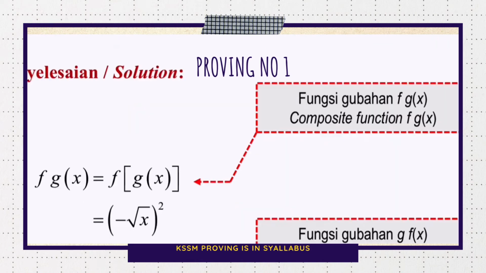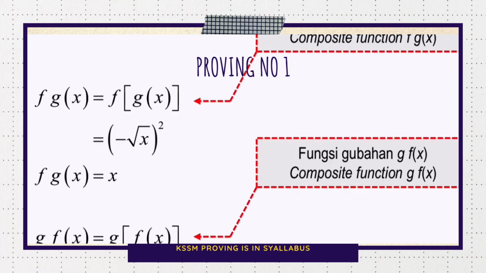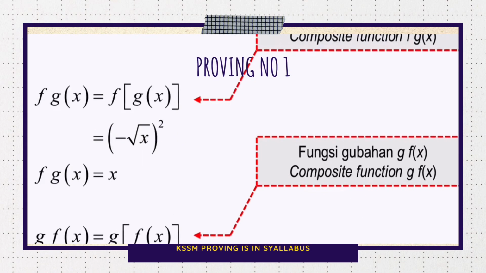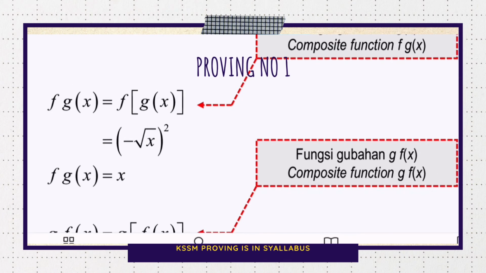So, solution. First of all, we have to start with the fg(x) is equal to the function f with the object g(x). Alright, and we will substitute the function g(x), which is negative square root x, inside, and the whole function will be squared, and we will get fg(x) equal to x.